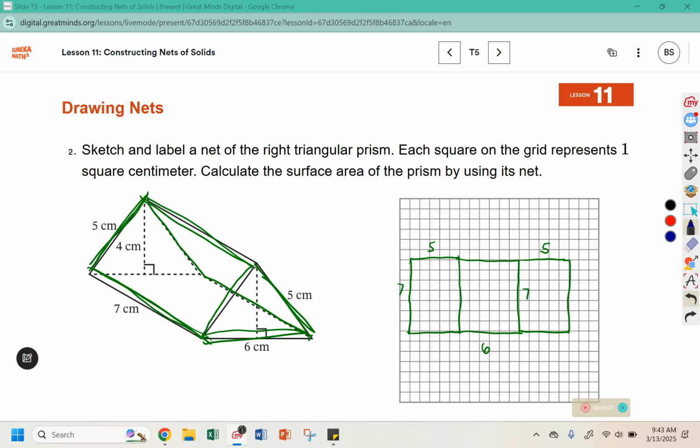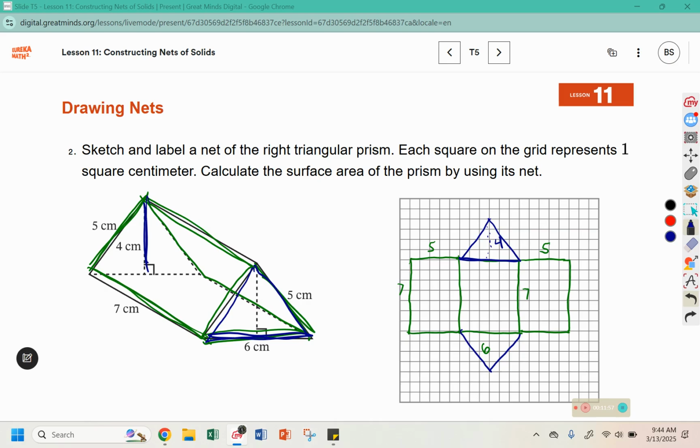Attached to the rectangles, I have a 6 by 4 tall triangle. So this is 6, and we have 4 tall. 1, 2, 3, 4 tall. That is a height of 4.